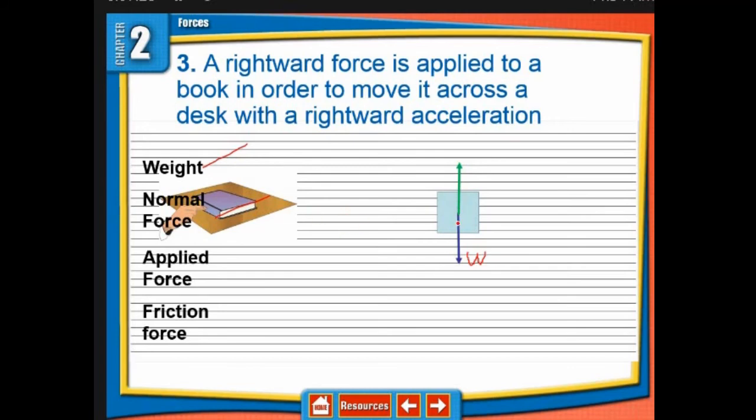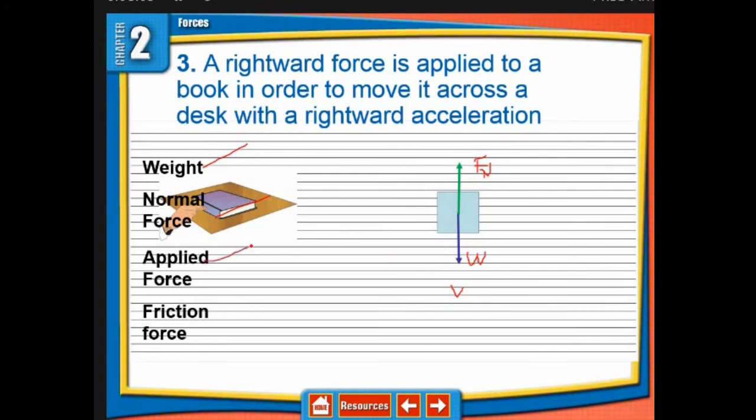If you draw an arrow representing the weight longer than the normal force, then this book would accelerate going downward. And if you draw an arrow representing the normal force longer than the weight, then this book would fly. But we are not observing that phenomenon. So we could assume that the length of the weight and the length of the normal force is the same.